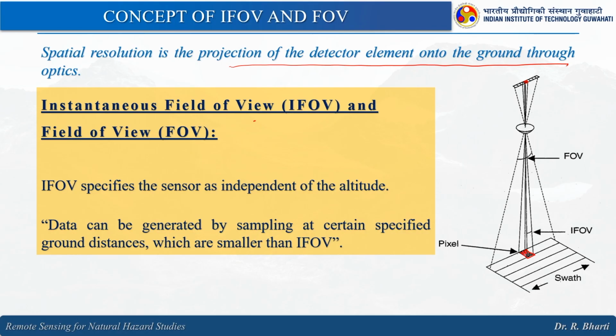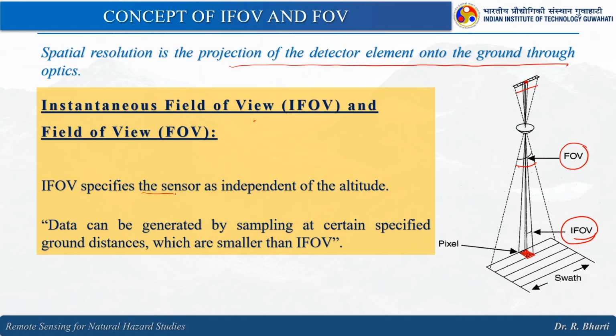So, here the size of the pixel is basically your spatial resolution. One detector is responsible for generating one pixel of information and this is known as IFOV, instantaneous field of view, and this is the field of view for the entire sensor. This is the combination of all these detectors, right.